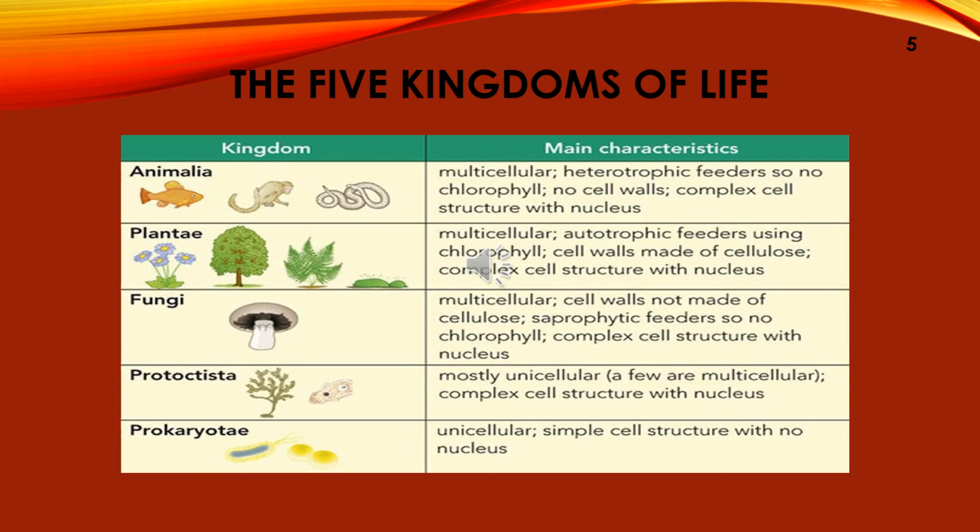Later, more evidence became available and scientists discovered that cells were different. Scientists continued to discover more living things and came up with the 5 kingdoms of life.